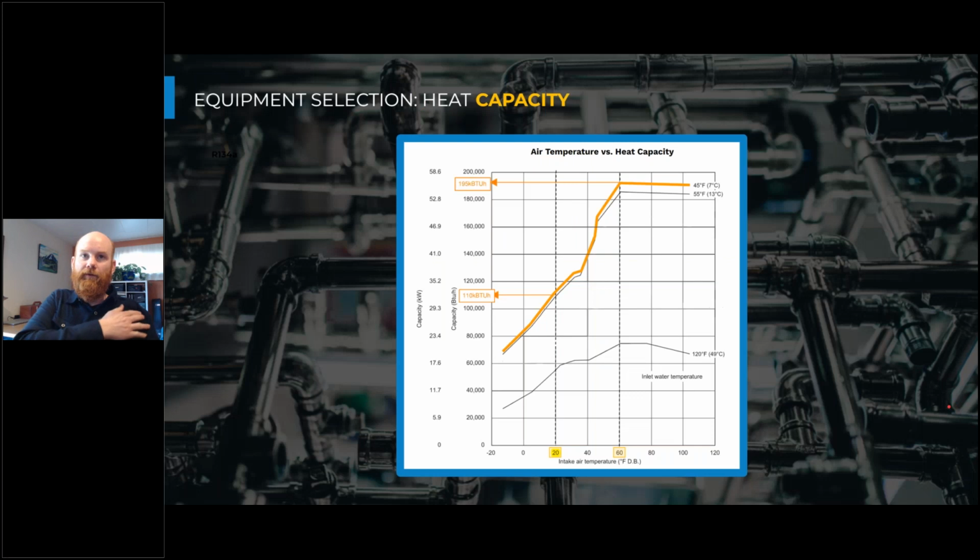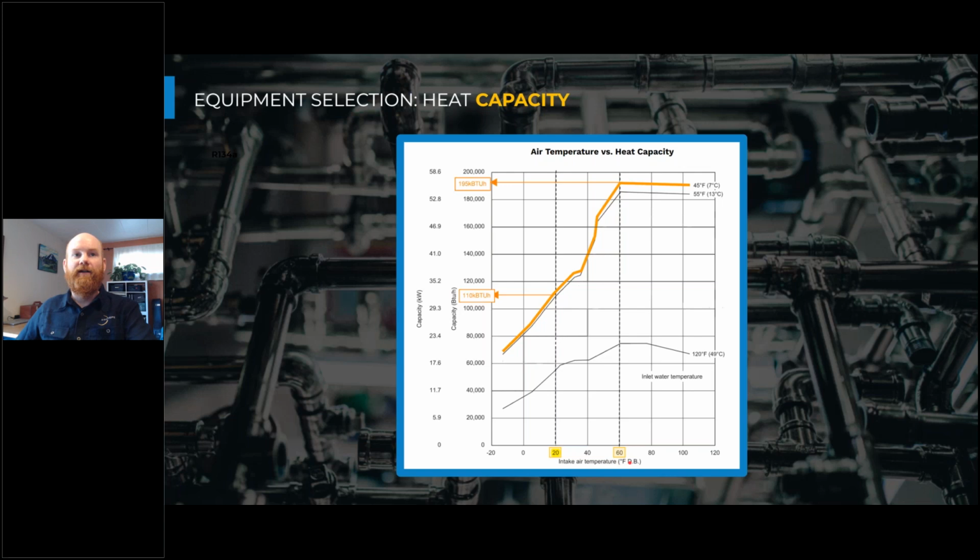And so the other thing we need to understand is sizing our heat pump for the air temperature or the design day we're going to see. And so the heat pump water heater manufacturer will produce a submittal sheet or a specification sheet, and it might say 120,000 BTUs per hour on that specification sheet. That rating point is typically at around 60 or 70 degree air temperature.